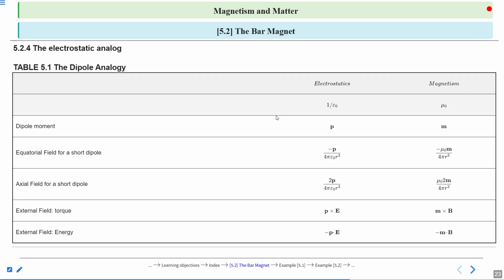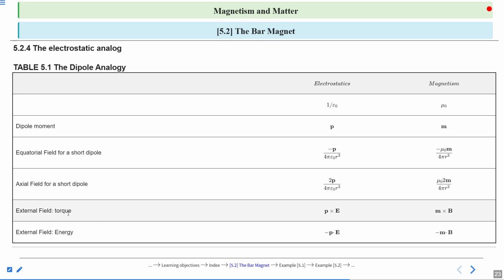The axial field for a short dipole, or for a far axial point, and the equatorial field for a far equatorial point, these mean the same thing. So the electric field is 2P upon 4 pi epsilon naught r cube, or in magnetism, the magnetic field is mu naught 2M upon 4 pi r cube.